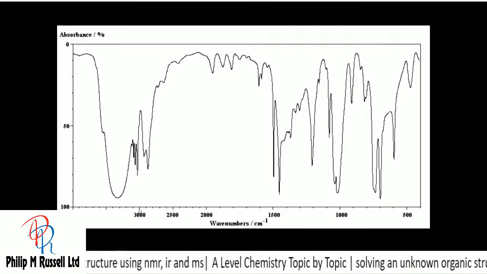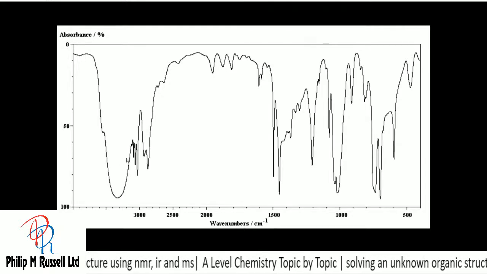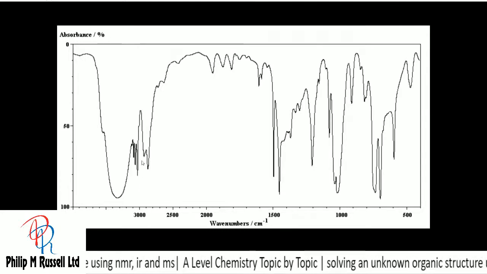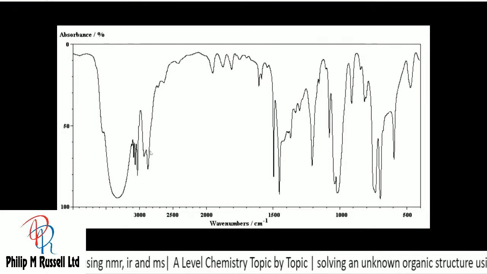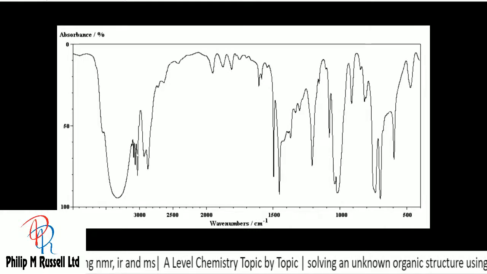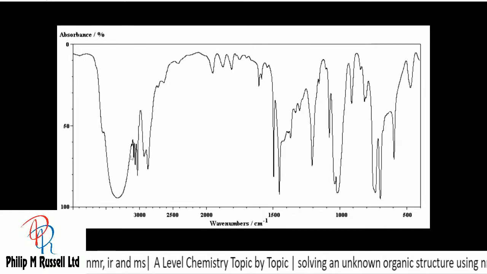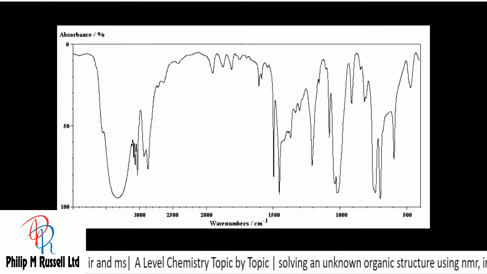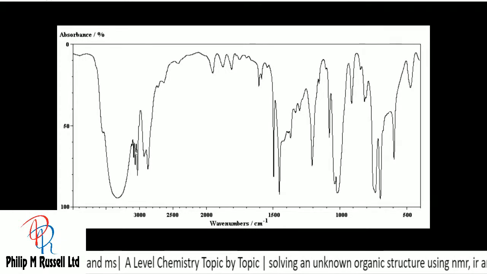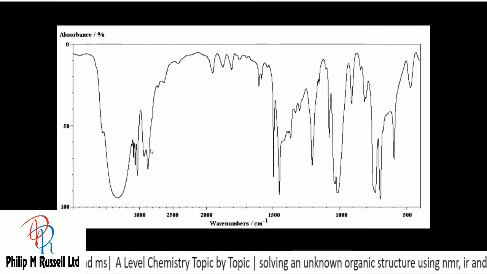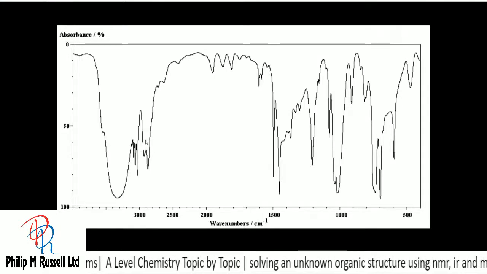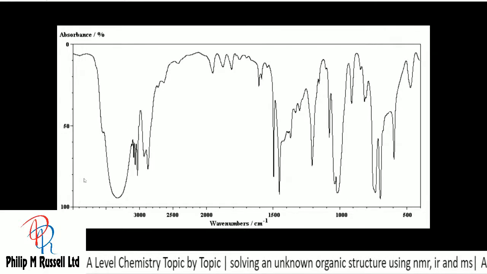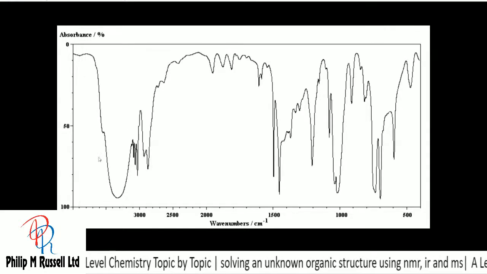Now, what you were talking about in the previous question was that if we had that squiggle above 3000, you've got a bit of a squiggle here and a bit of a squiggle here. So that lead in that this could be CHs and this could be aromatic CHs. So we've got an aromatic somewhere, which is fine. It just means there's more carbon environments to deal with. We'll look at that in the carbon-13.